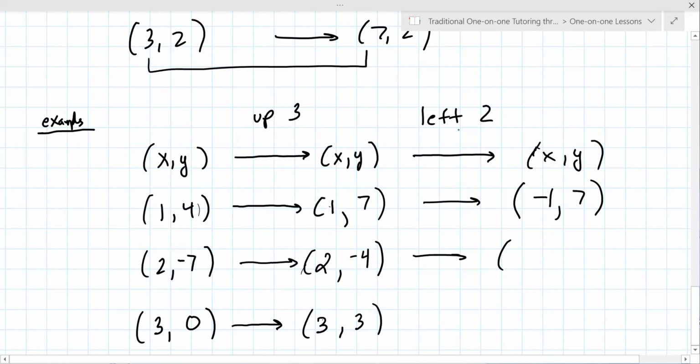By subtracting 2. That's what left 2 means. So we need to subtract 2 from this number because this is your X.